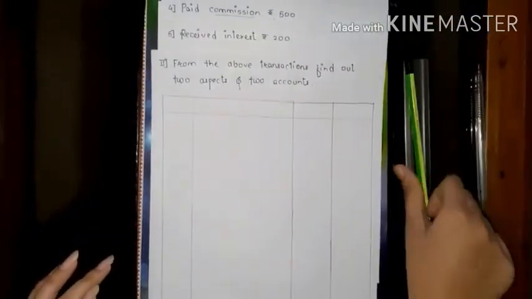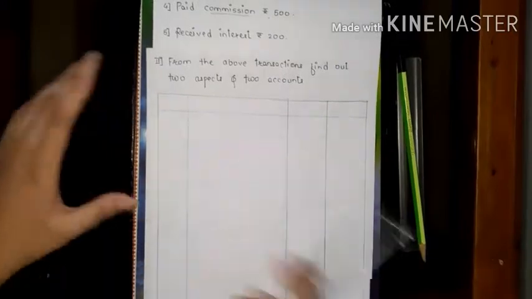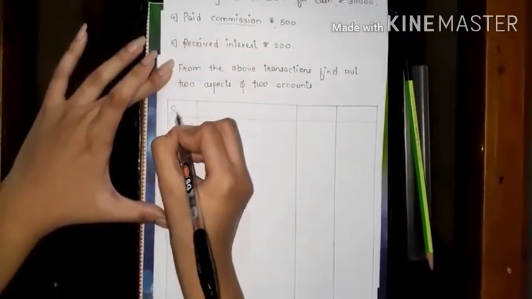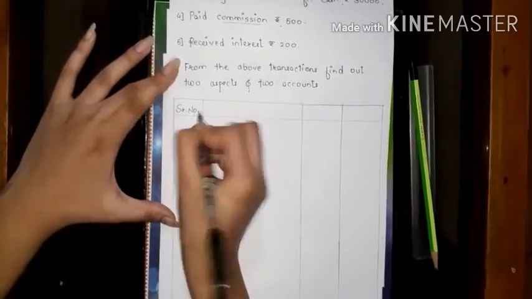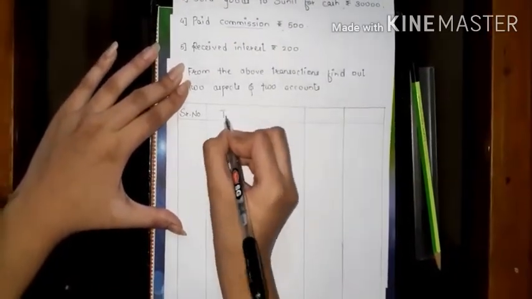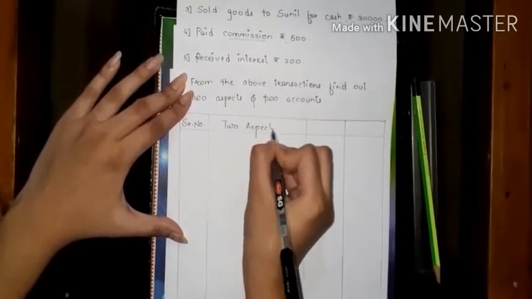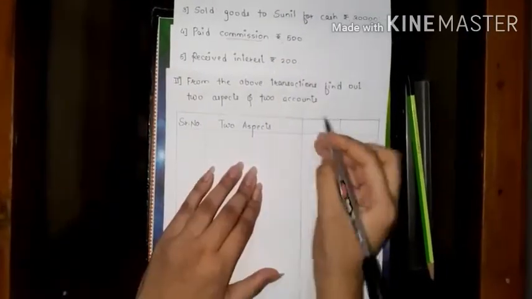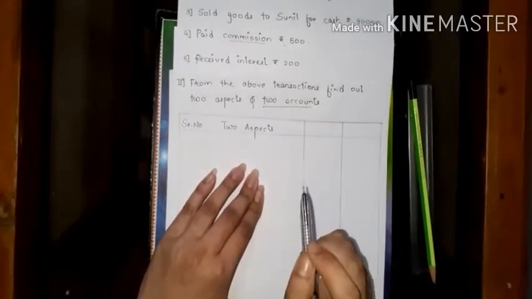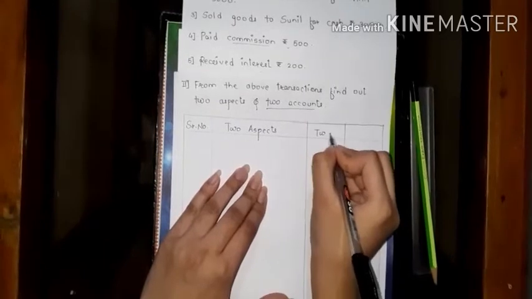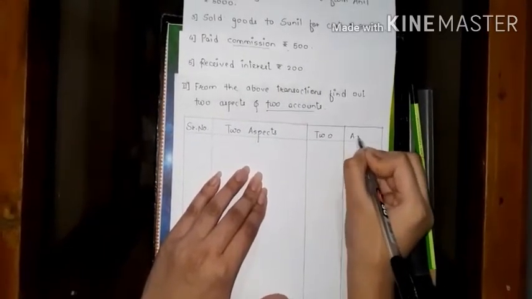So this is how the format is. Now what are we going to write here? Serial number, same as the beginning. Two aspects. Now what we have to find out? Two accounts in this question. So we will write here two accounts.